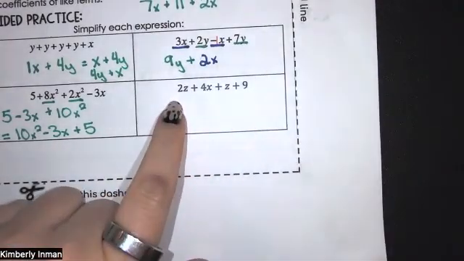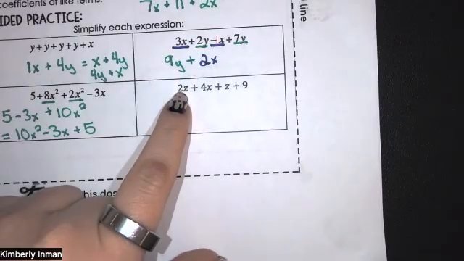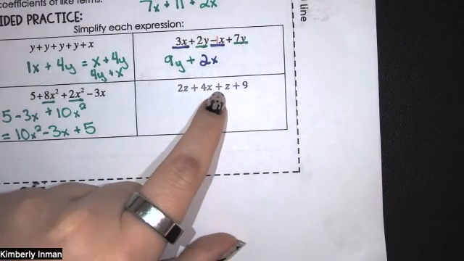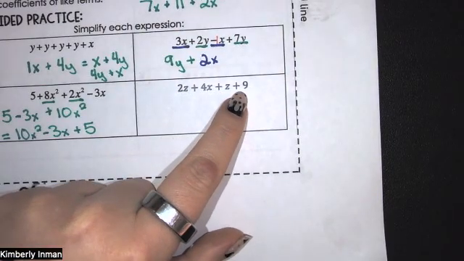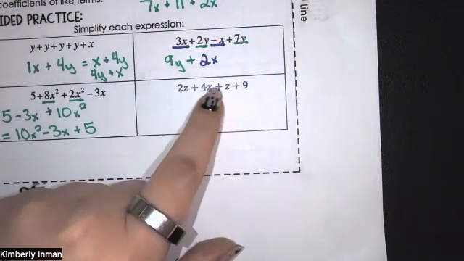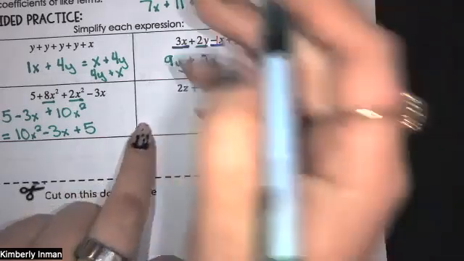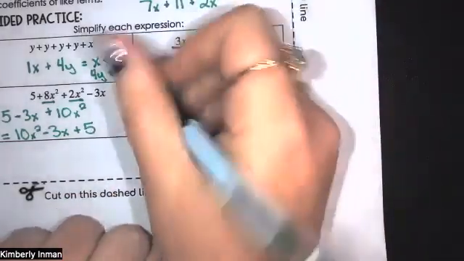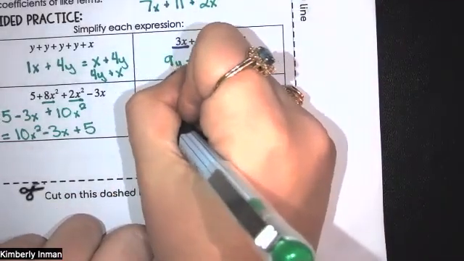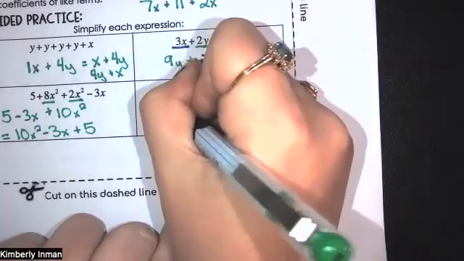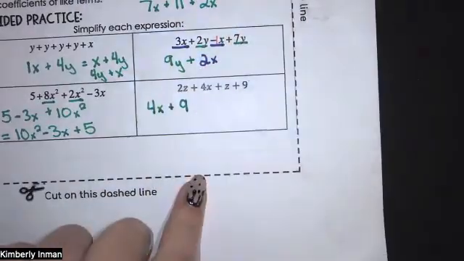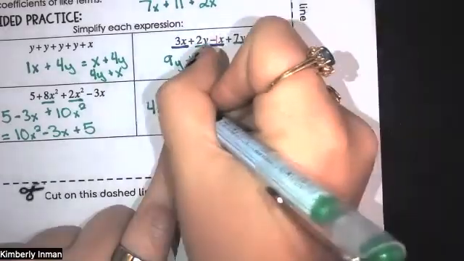And then the last one is 2z plus 4x plus z plus 9. So let's see here. We don't have any more x's, don't have any more 9s. We can just write those down. We had 4 x's. We have a 9 for a constant.